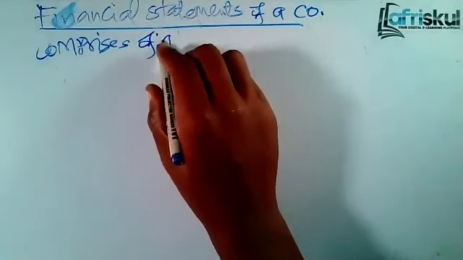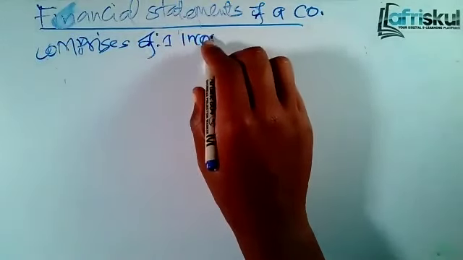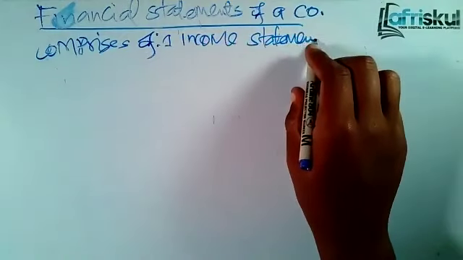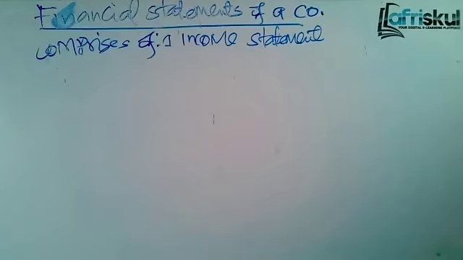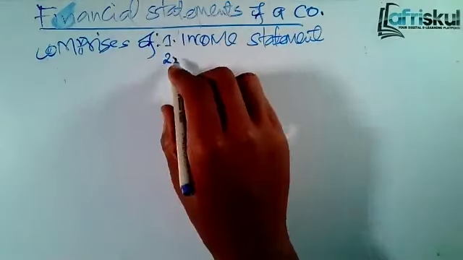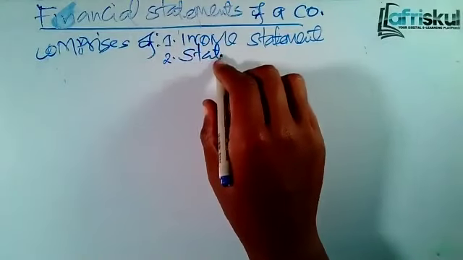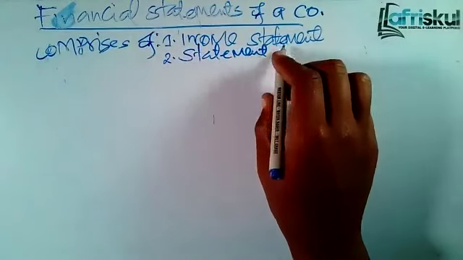Number one, we have the income statement, which is just showing the financial performance of that company.